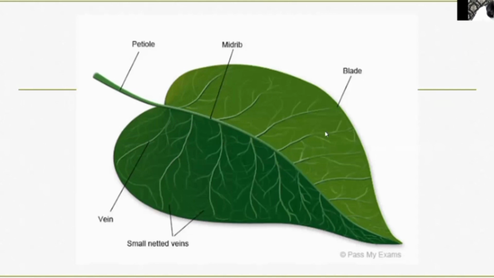And on the surface of the plant there are tiny pores, and they are called the stomata. They breathe in and they breathe out. When they breathe in, they take in carbon dioxide, and when they breathe out, they give us oxygen. That is very important to human life. So, this was the structure of the leaf.